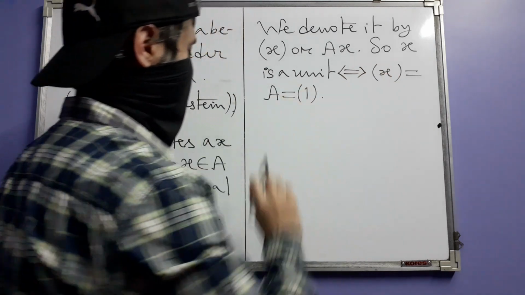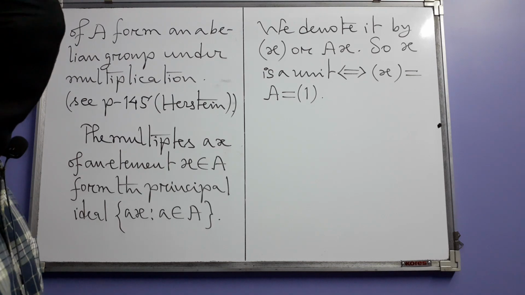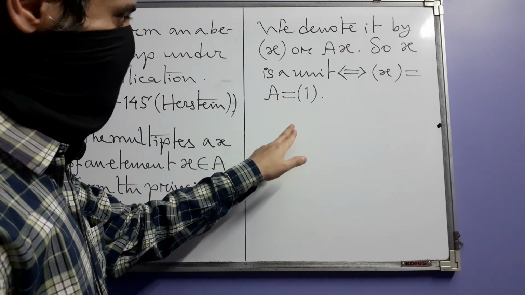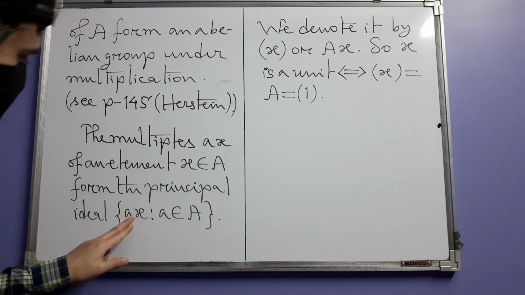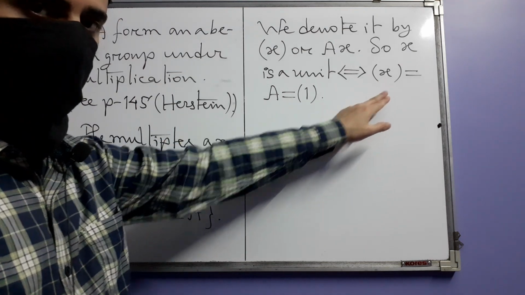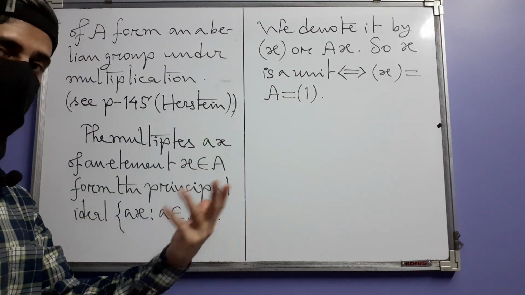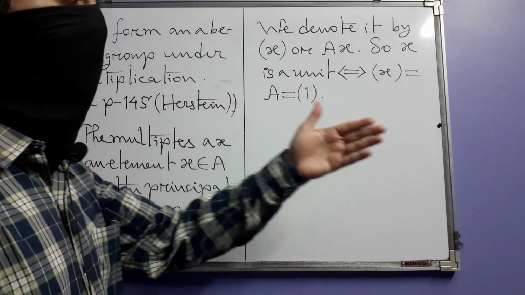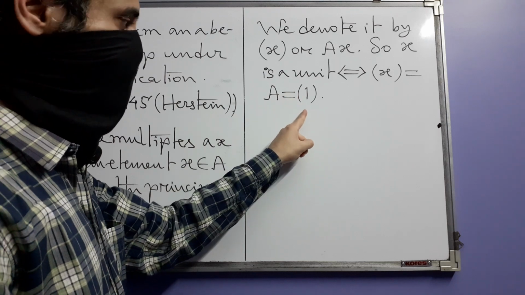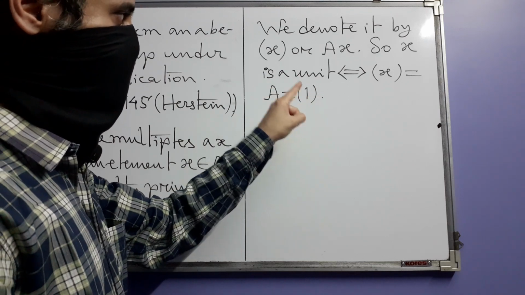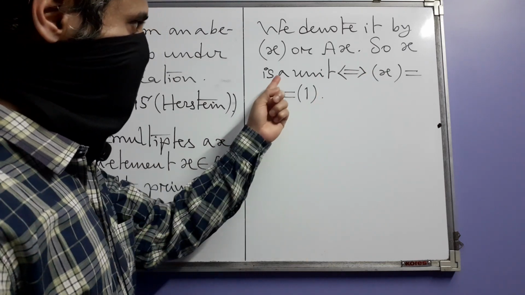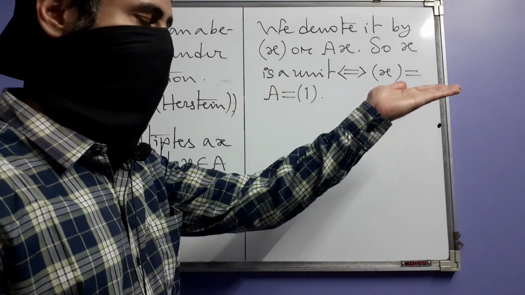Suppose that x is a unit. Okay, so that means x inverse exists. Now, x inverse x by definition will belong to this ideal, because this is the ideal of all multiples of x, so in particular x inverse x should also be here. However, x inverse x is 1, and you know that when an ideal contains the identity element 1, it becomes the whole ring. So that is how you get this side of the implication.